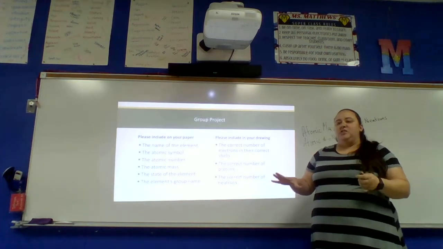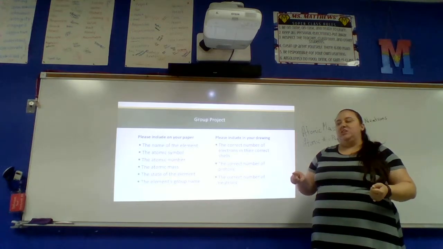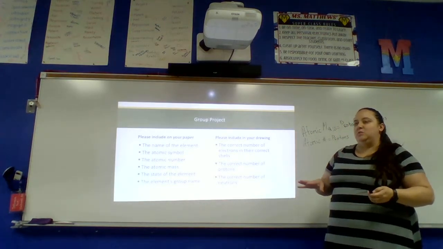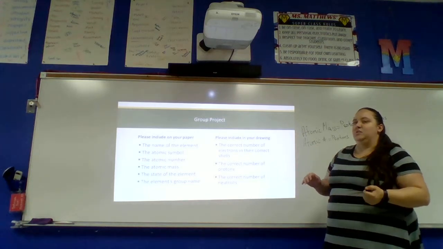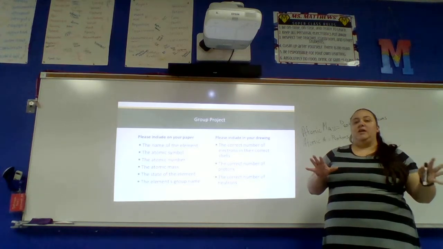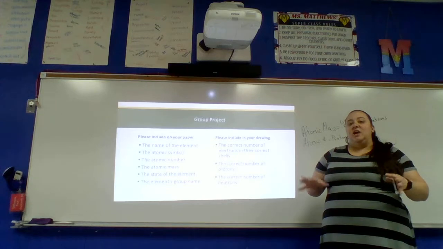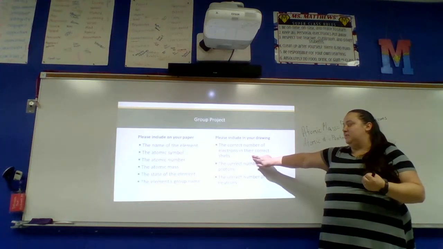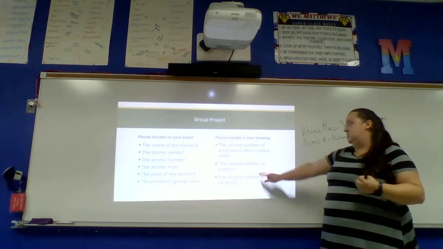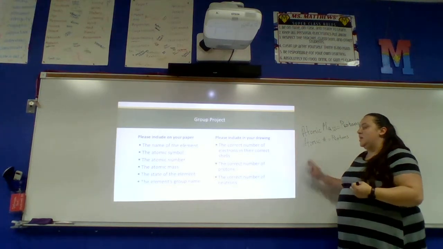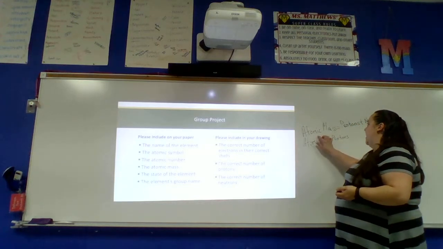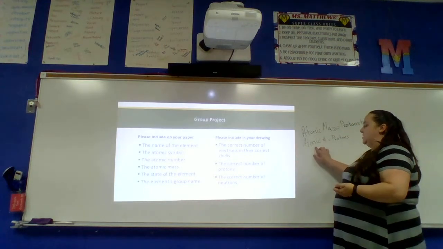So I need you guys to get in your groups, and you'll need one sheet of paper. And what we're going to do is we're going to draw an element. Each group is going to be assigned an element, and you need to draw it with the correct number of electrons, the correct number of protons, which is given by your atomic number, and the correct number of neutrons, which you will find by taking the atomic mass minus the atomic number.